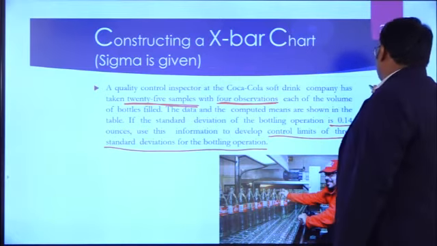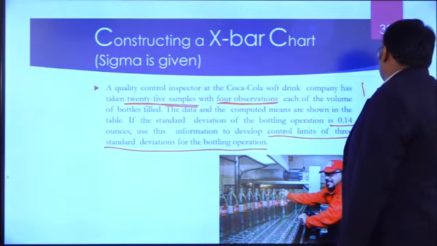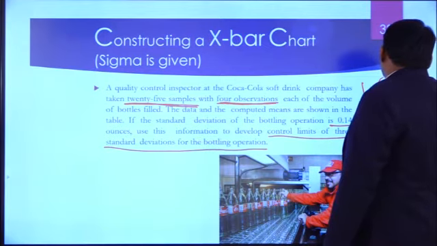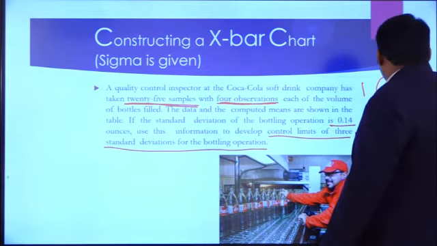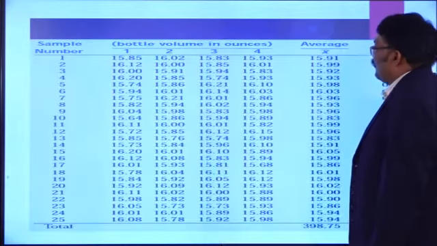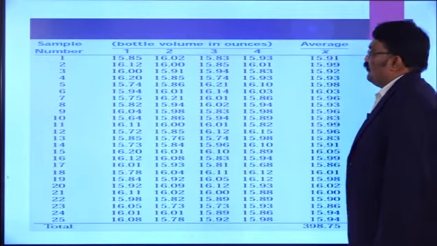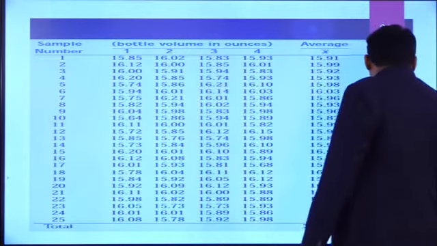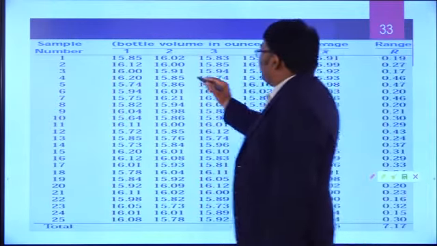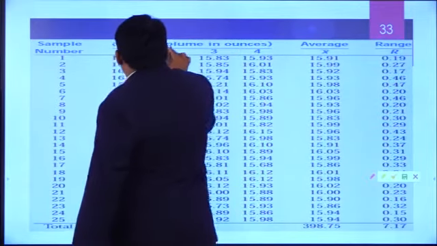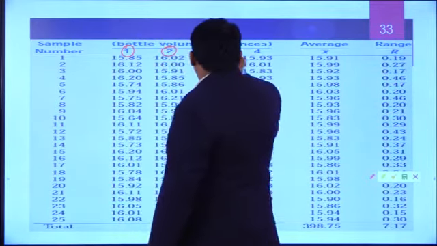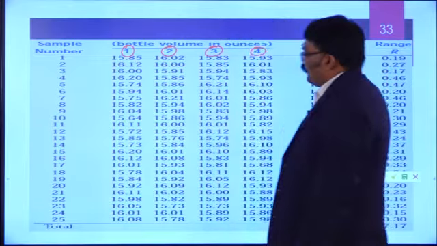That means, if sample 1 is taken, we have under one sample 4 observations, like that. Now, this is what we say as the observation. This is observation 1, observation 2, observation 3 and observation 4.